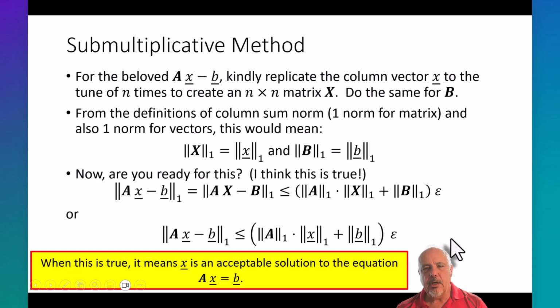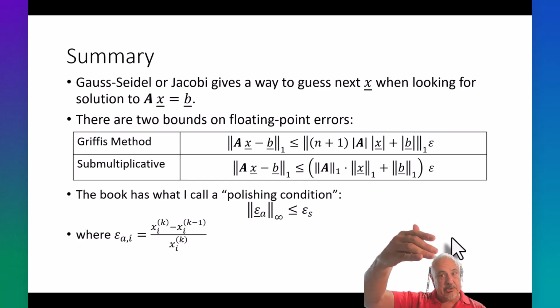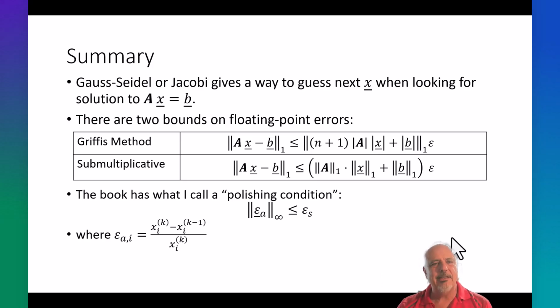Okay, so this is sort of the summary of this. Gauss-Seidel or Jacobi gives you a way to guess the next x when you're looking for a solution to ax minus b. There are two bounds on floating point errors.